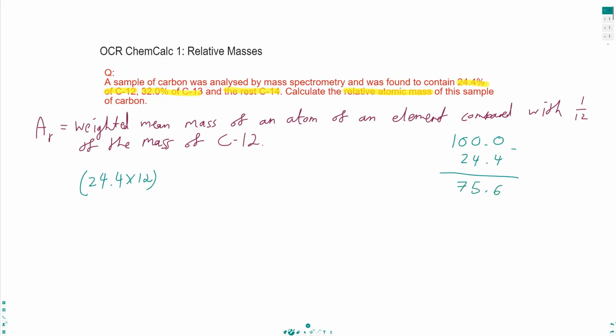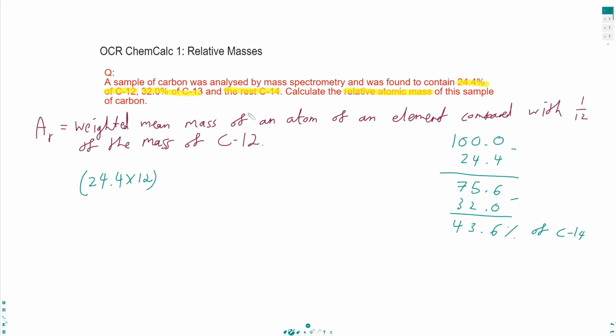Then you do 75.6 minus 32.0, and I can do this one in my head. That will give you 43.6% left over for carbon-14. So we have 43.6% of carbon-14.